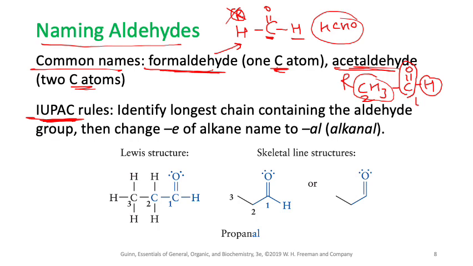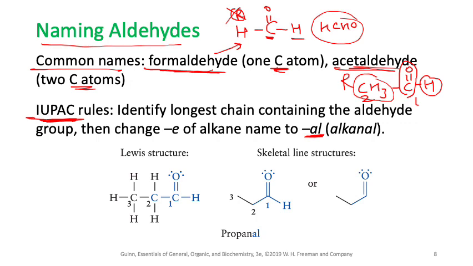Whenever you're naming an aldehyde, your ending has to be AL, right? The second important thing is you have to give preference to the functional group containing carbon. You have to start counting from the carbon that contains the functional group, right?